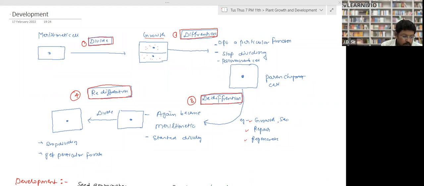The process of division of labor is called differentiation.